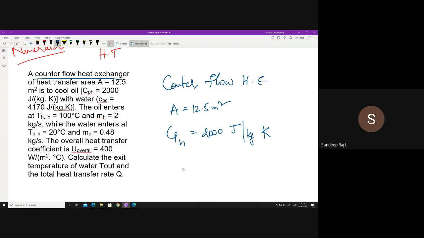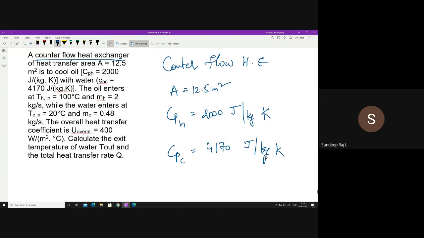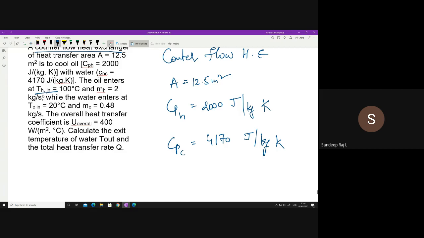CPH is given, and CPC is given as 4170 joule per kg Kelvin. And the TH in, according to our nomenclature, is capital T1 equal to 100 degrees centigrade, and MH is equal to 2 kg per second.